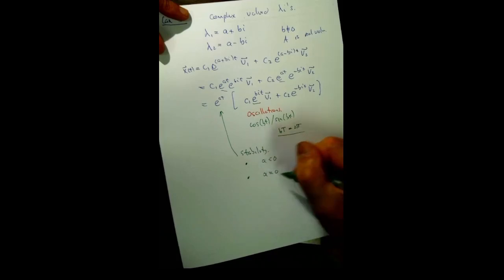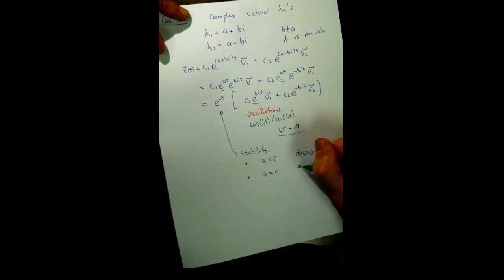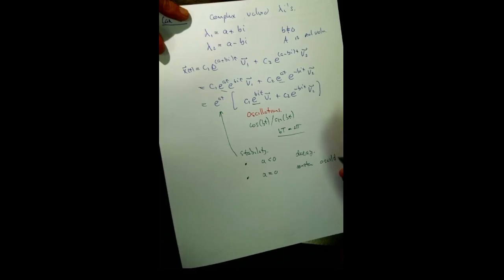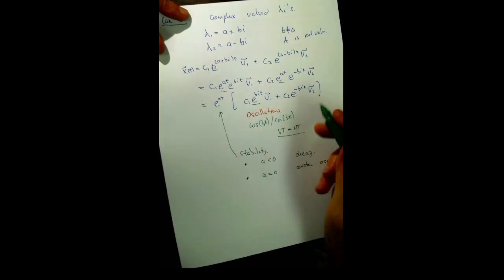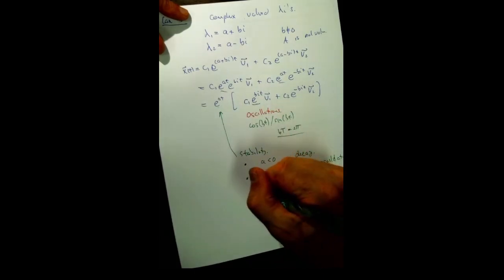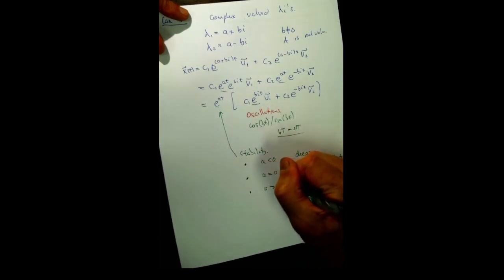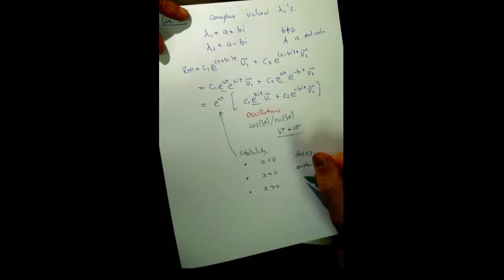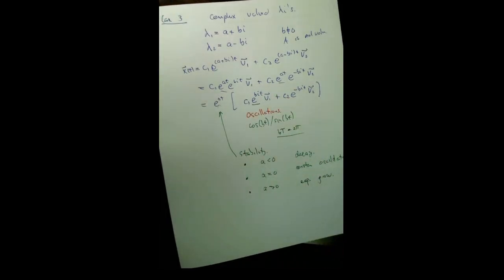I could have A equal to 0. This means I'm just going to have constant oscillations that neither grow or decay. This is basically 1, and I'm just left with sines and cosines. Or if A is greater than 0, then this thing is going to grow exponentially. Okay.